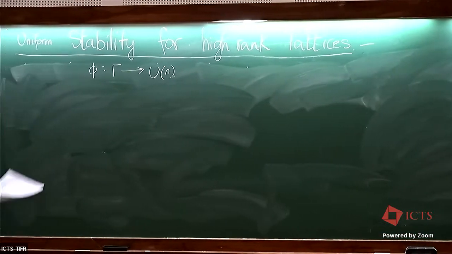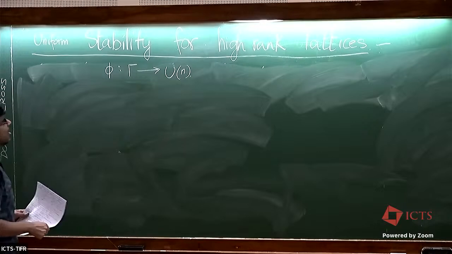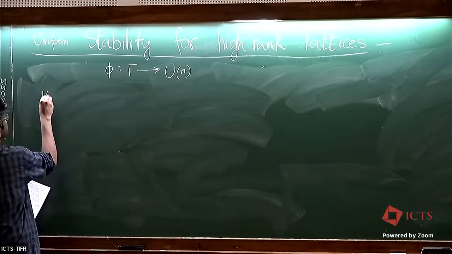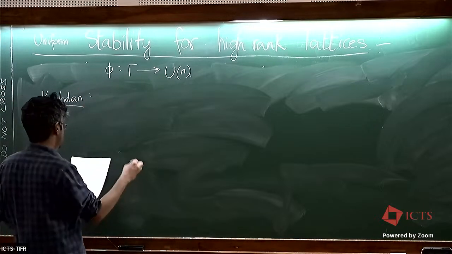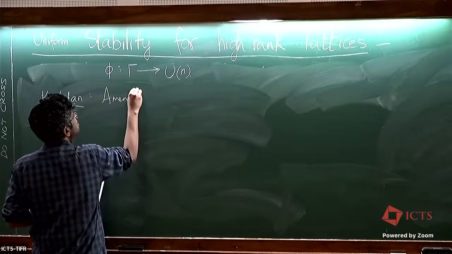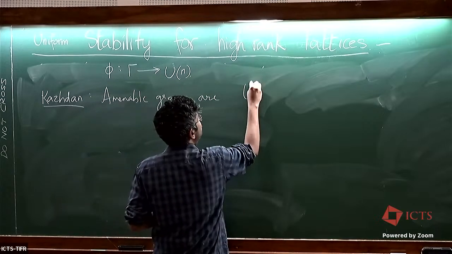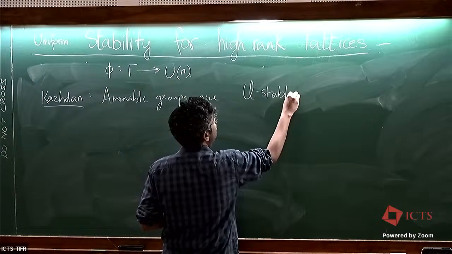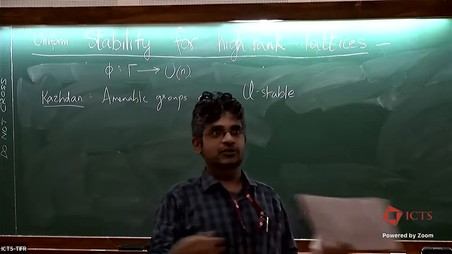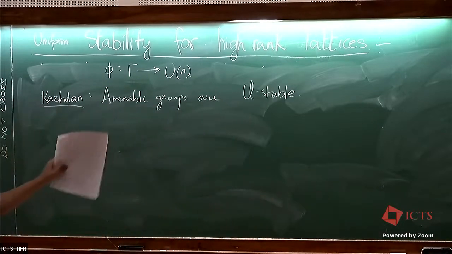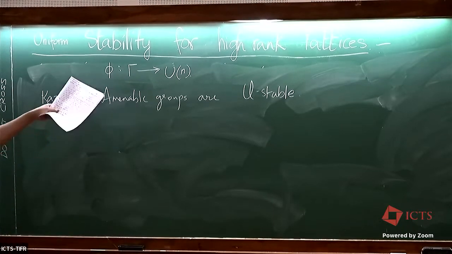In fact, this was actually done, and this is the first paper in this topic, which is a result of Kazhdan, which is much stronger than what we need for UN, which is that amenable groups are U stable. I'll say what U is. U is the family of unitary operators even on Hilbert spaces. When infinite dimensional works, that's Kazhdan's result. But we'll be dealing only with finite dimensional N.